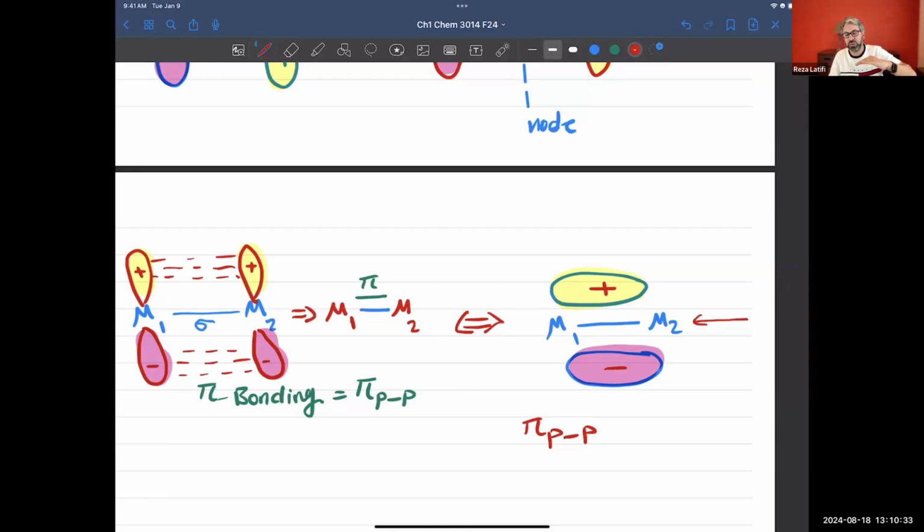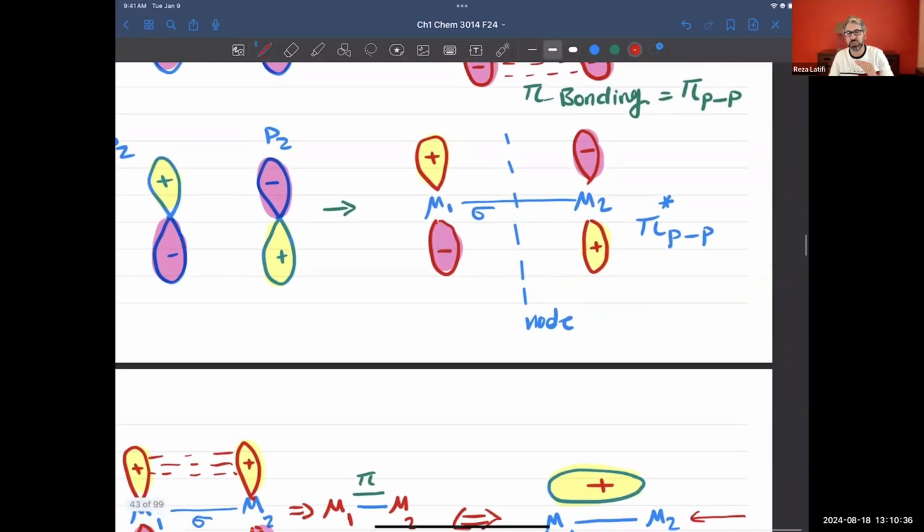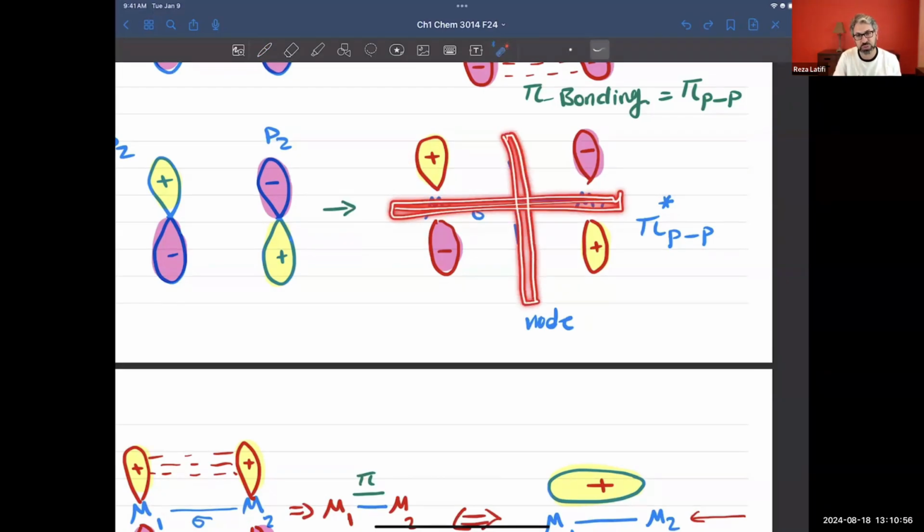But if I look at the sigma star, I see two nodes. One is perpendicular, and the second node will be here. That one will be the second node, where the positive is turning to negative. So one node will be here, and the second node will be in this position. So pi star has two nodes, pi bonding has only one node.